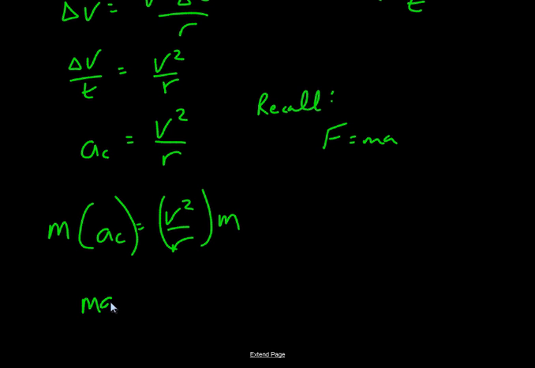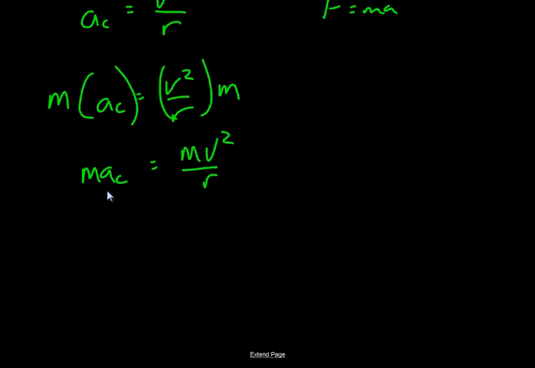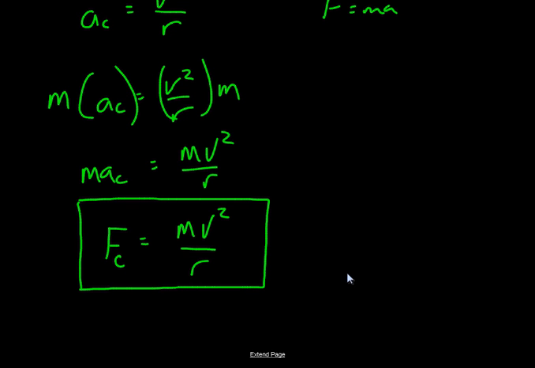We get m a_c equals m v squared over r. And m times a is the same as force. It's centripetal force, so we put a subscript c on there just so we know, equals m v squared over r. We did it. We derived a formula for centripetal force and centripetal acceleration. Now these are part of your arsenal.